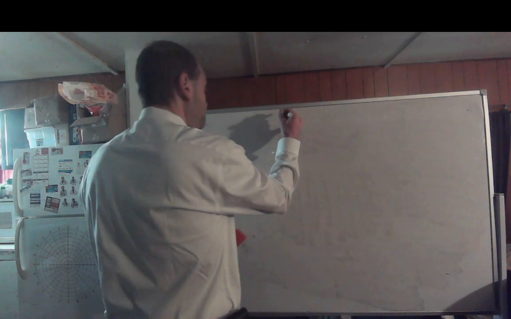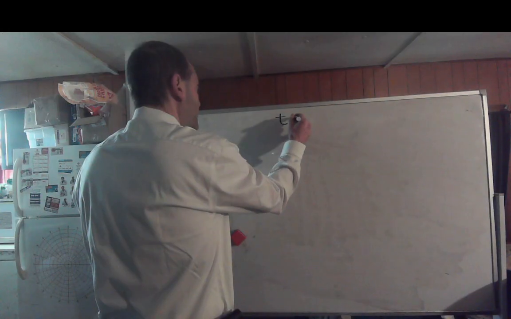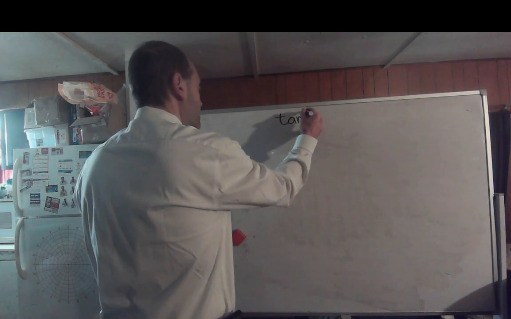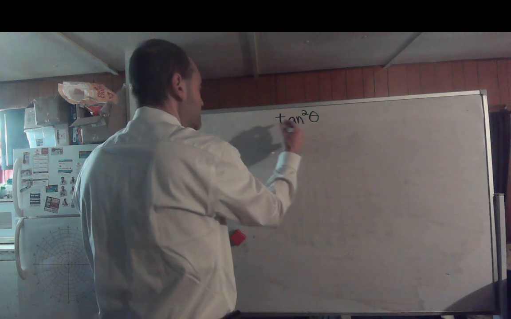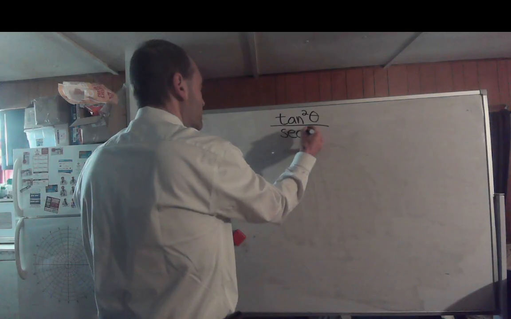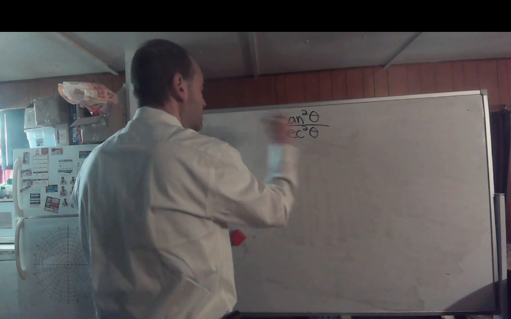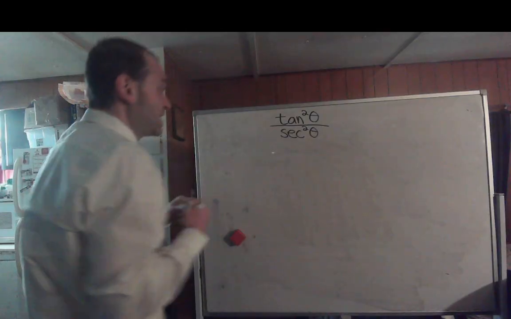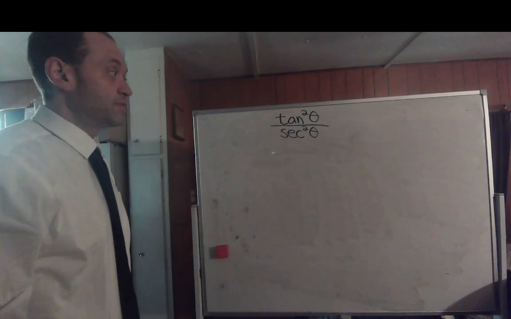Alright, so we have the tangent squared of theta all over the secant squared of theta. Well, there's actually a very nice way to simplify this.